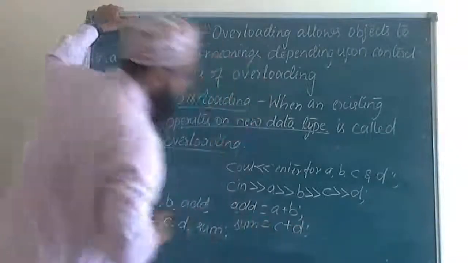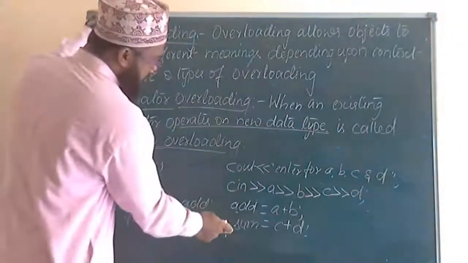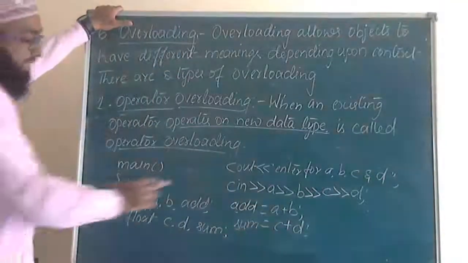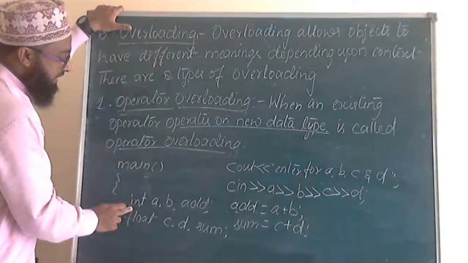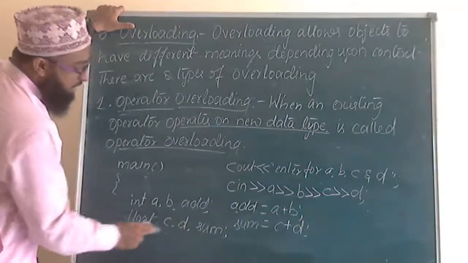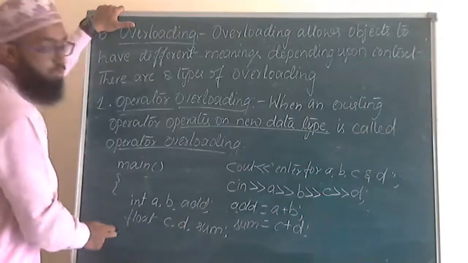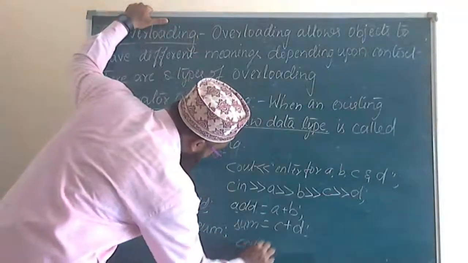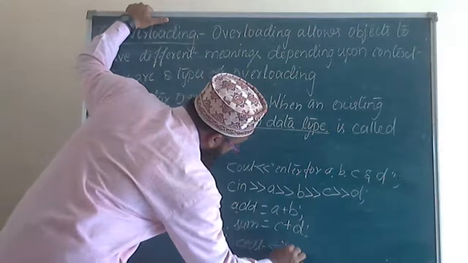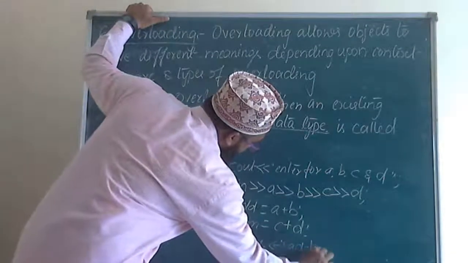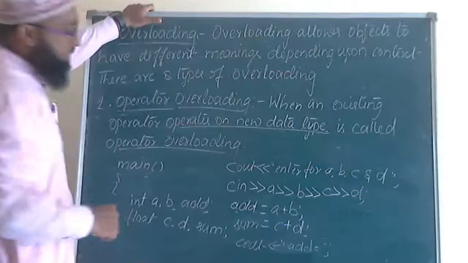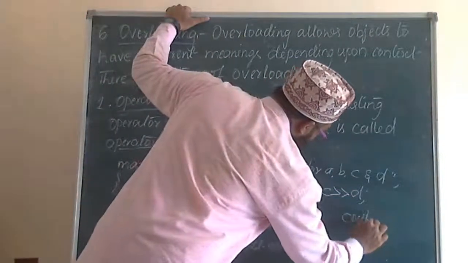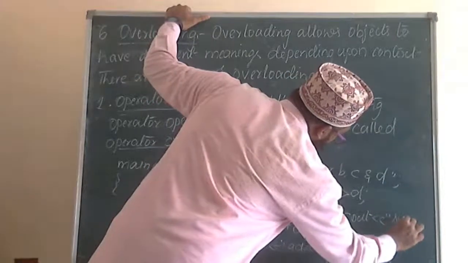Both are addition only, both using the operator plus. But in add we are using integer type, and in sum we are using float type. So at the time, cout add equals, then after that cin, I will write here cout sum equals.